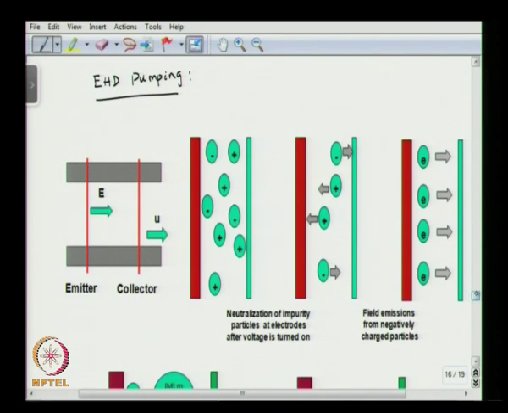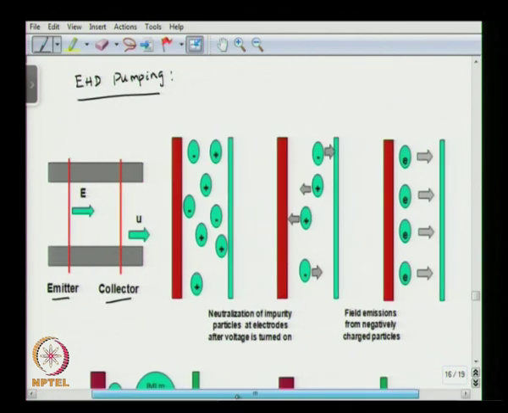This is the typical configuration of an electro-hydrodynamic pump. There will be pairs of emitters and collectors. Initially, the liquid present between the emitter and collector may have some impurities, meaning there is some inbuilt charge inside the liquid.